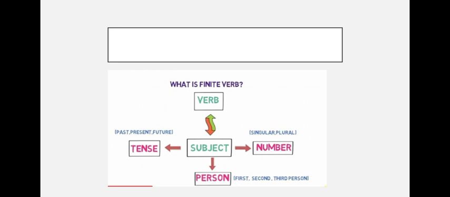Depending on whether the subject is singular or plural, the verb agrees with the number. So a finite verb will change as per the tense, person or number. In order to identify whether it's a finite or non-finite verb, you just have to know whether the verb agrees with the tense, person and number. That is all you have to keep in mind.